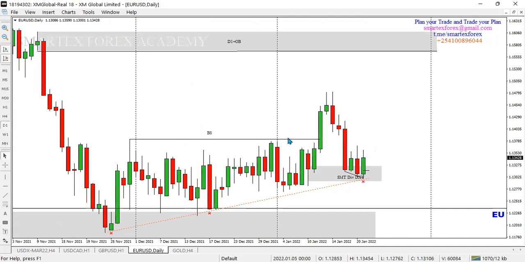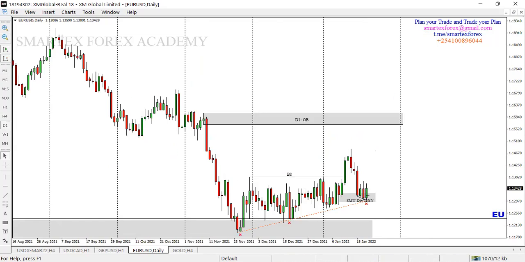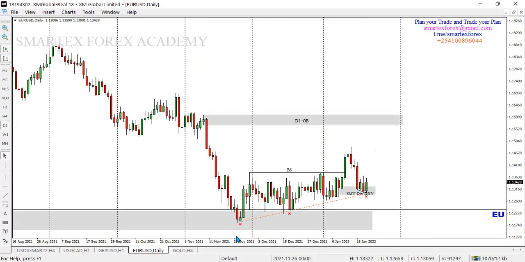Daily time frame, we have a structure break that we expected the previous week. Very beautiful. So we expected another return into this consolidation before we do that move. And another thing you need to see here that has been formed is the three hits. This is the first one, second one, and this is the third time it hits on this trend line.